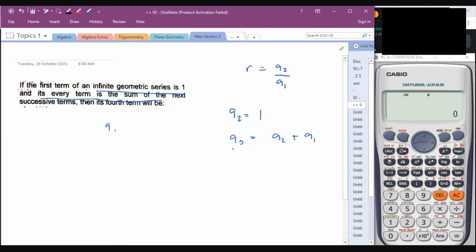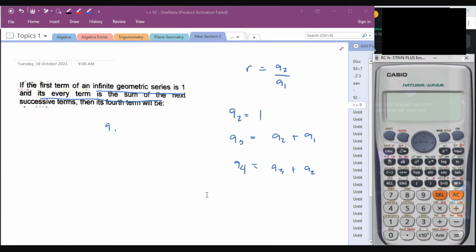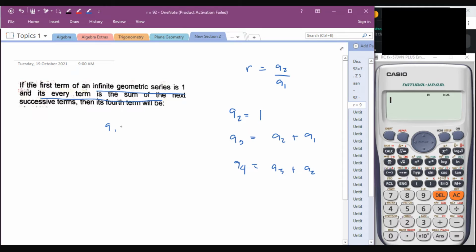Gets nyo ba? So, A2 is 1, A1 is 1. So, 2. Yung A4 mo is equal to A3 plus A2. Successive terms eh, diba? Ganun lang yon. So, the common ratio mo riyan is equal to A2 over A1.